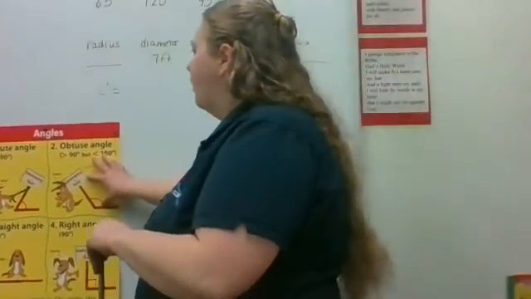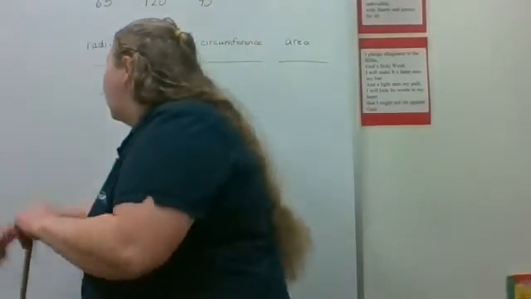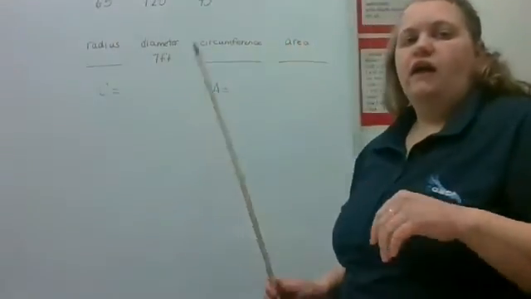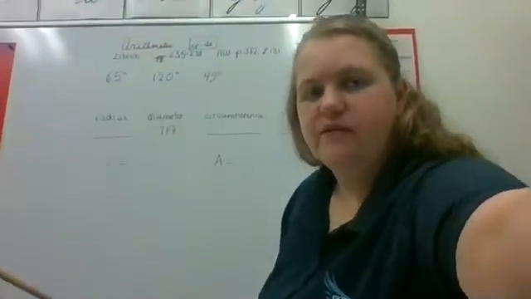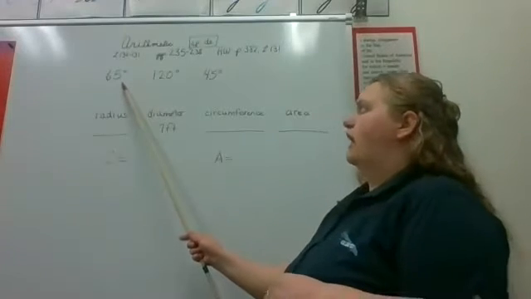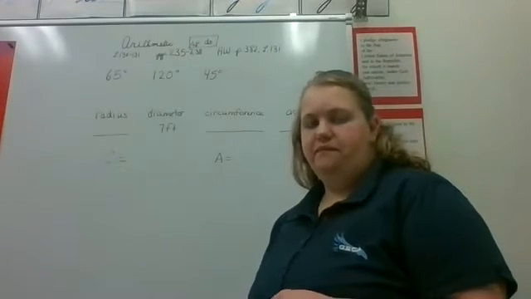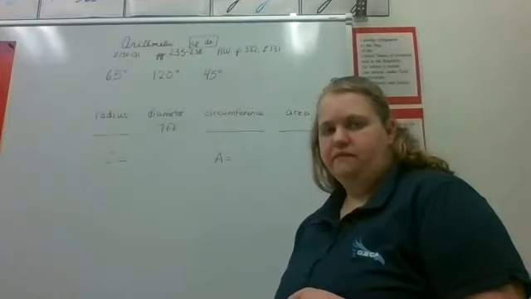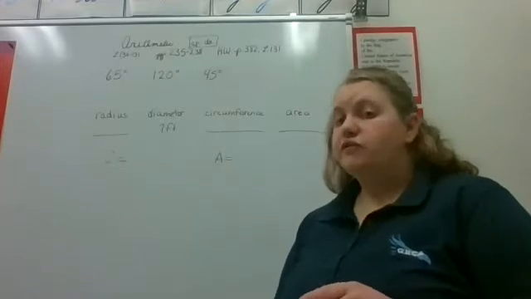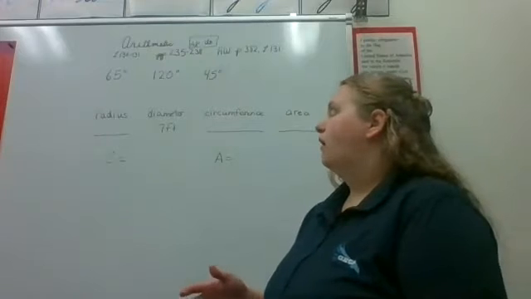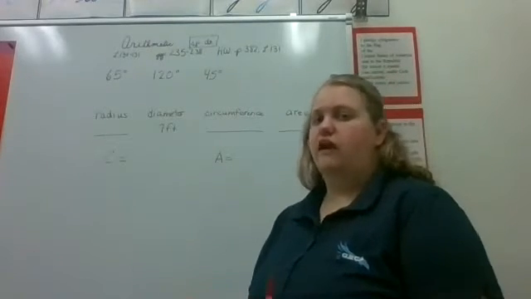If we have a 65-degree angle, what type of angle is that? That would be an acute angle because it is less than 90 degrees, and it's not greater than 90.